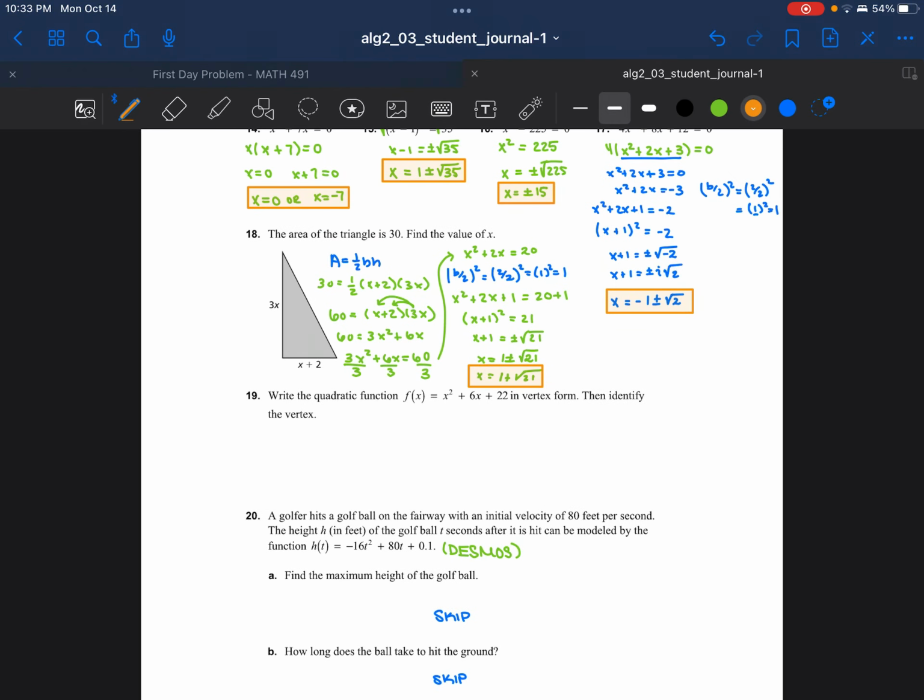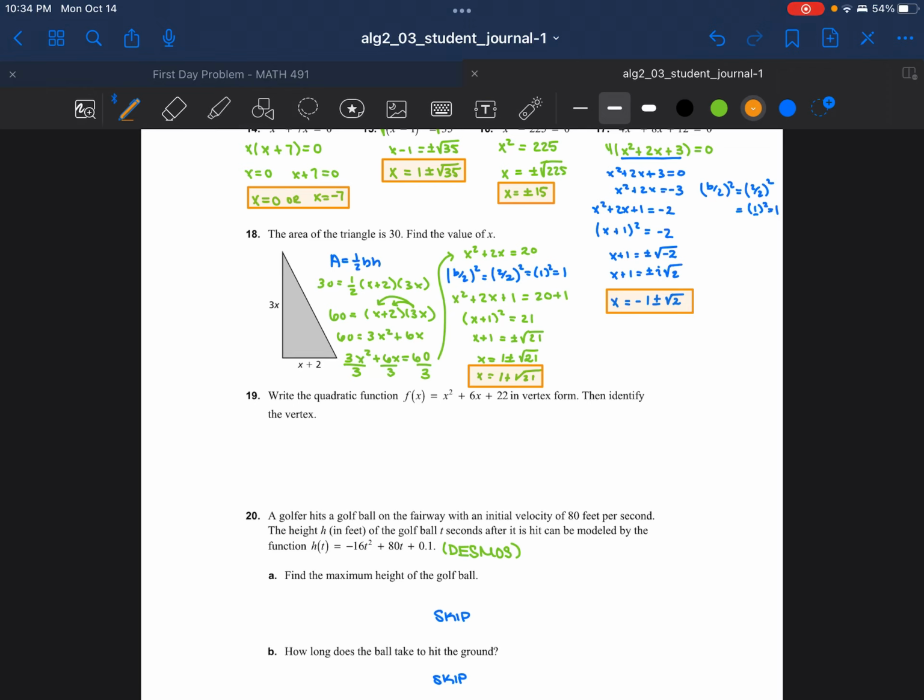Then what I'm going to do is I'm going to check Desmos for my solution. So let me check Desmos right now. I'm going to do this on a separate screen, but unfortunately I can't share it. So let's do 30 equals 1/2 x plus 2 times 3x.